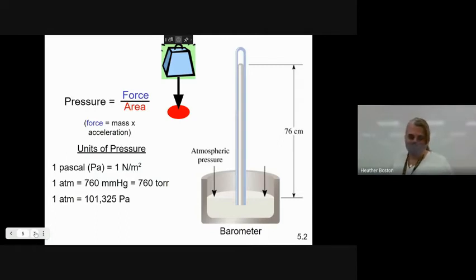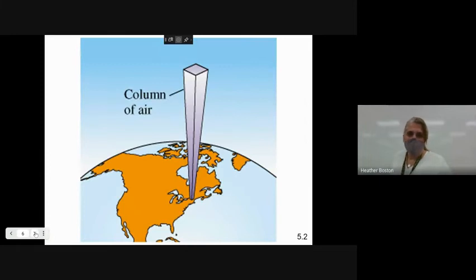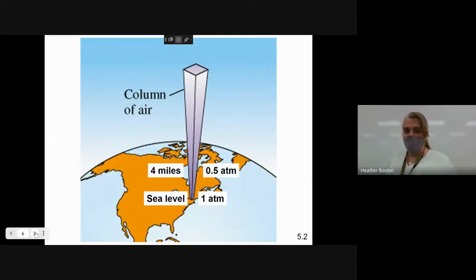So let's check out that column of air that is above the Earth. You'll see at sea level, standard pressure is 1 atmosphere. You go up 4 miles, and it's half the pressure. So as you go up, the pressure decreases.